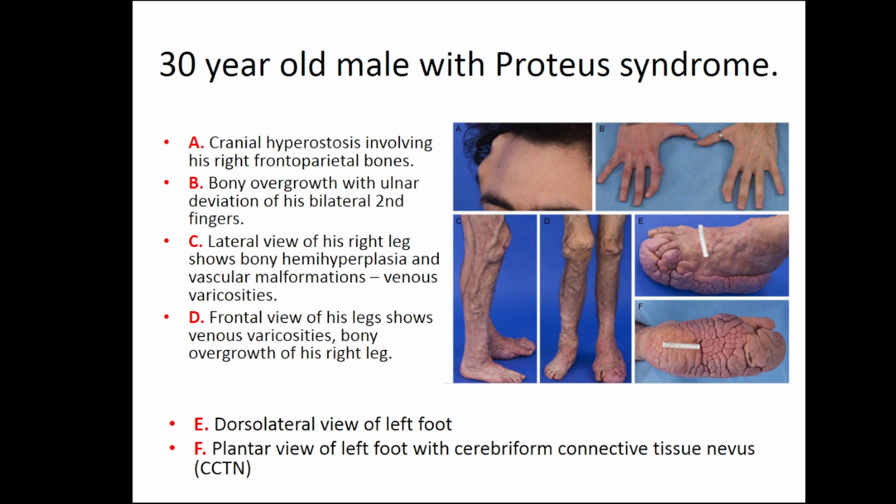C, lateral view of his right leg shows bone hyperplasia and vascular malformation, venous varicosities. D. Frontal view of his legs shows venous varicosities, bone overgrowth of his right leg. E. Dorsolateral view of left foot. F. Plantar view of left foot with cerebriform connective tissue nevus.